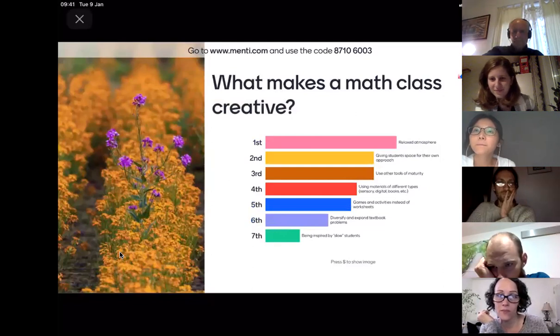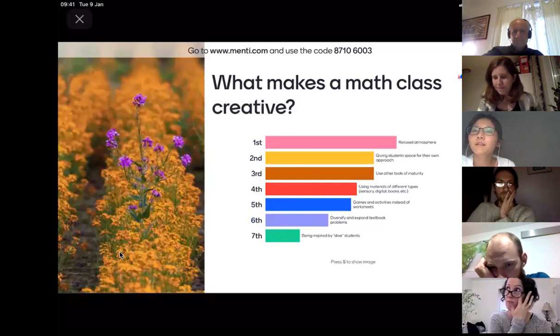I chose other tools of maturity pretty high up, and I guess there are just some things I have found to be essential. The first one is opening with discussions. I just didn't see that here.